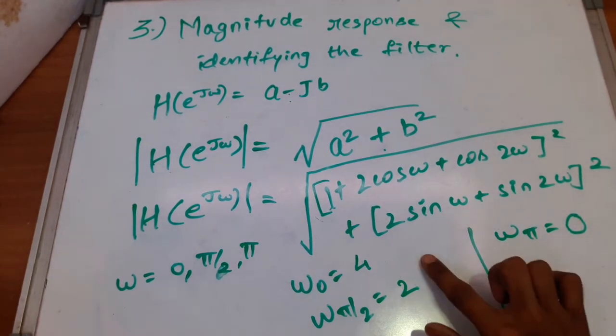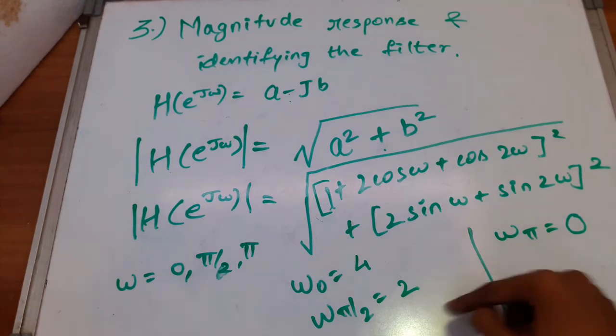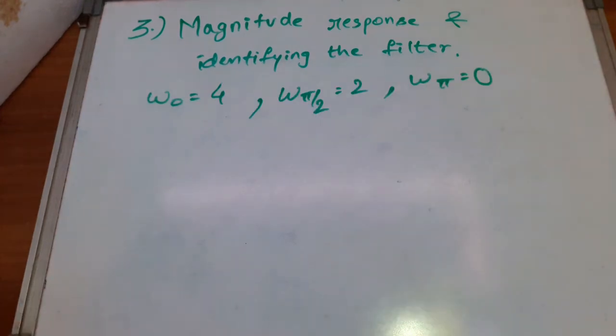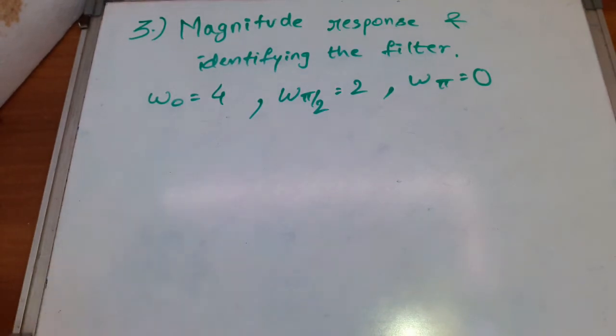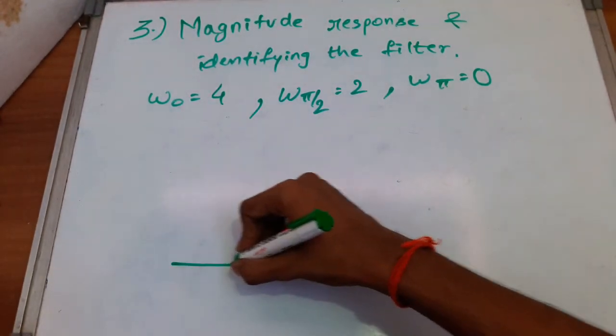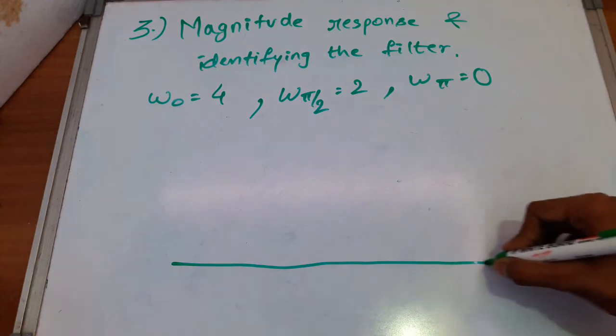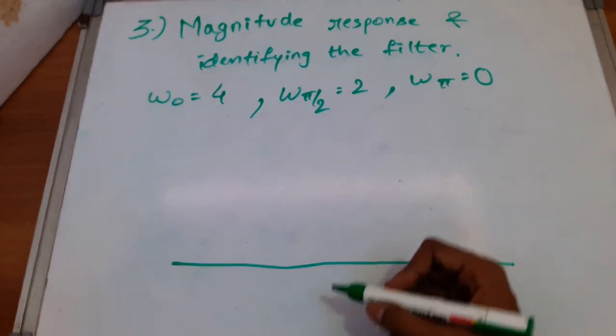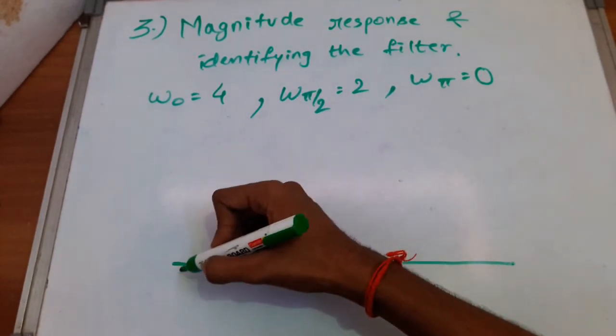Now after finding all the three values, we will be using these three values to identify which type of filter we are using. Let me show you how. To identify which filter we are using, first we need to plot these on a plane graph. You do not need a professional graph to do this. You can simply do it on a piece of paper or in a corner of your paper.